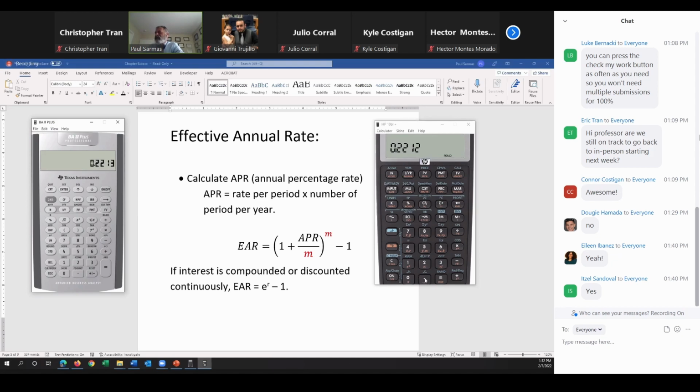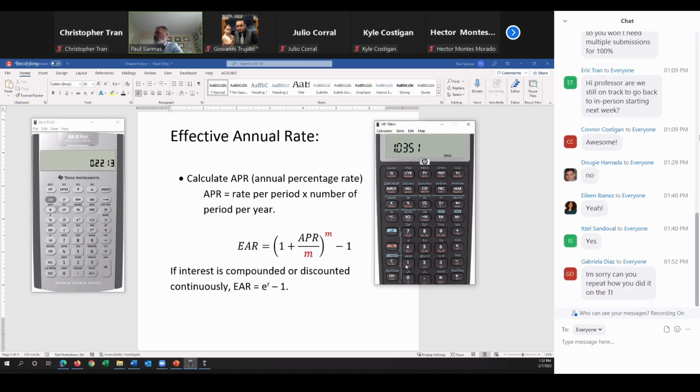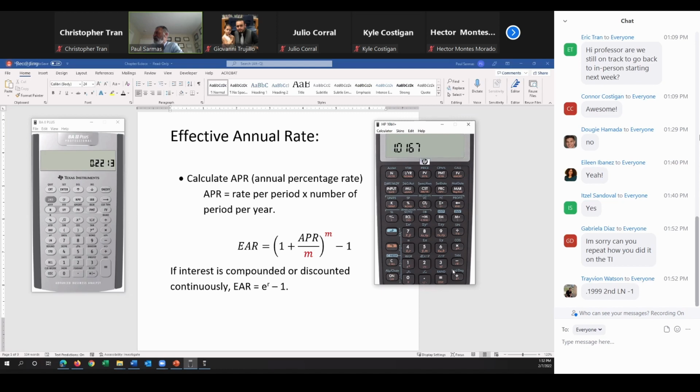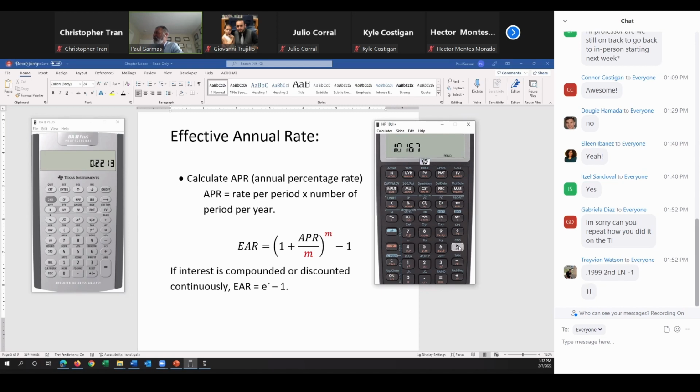Look at the difference if it was monthly as opposed to daily. 0.1999 divided by 12, plus 1, to the power 12, if it's monthly. That's better.